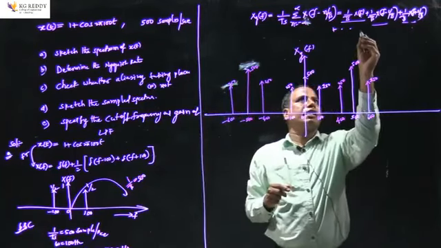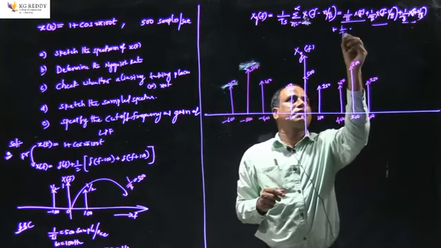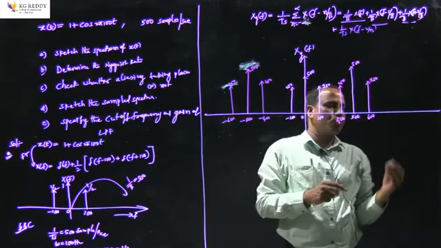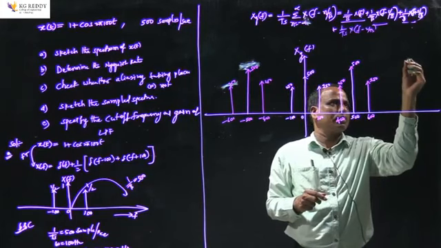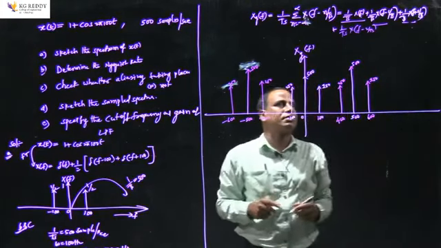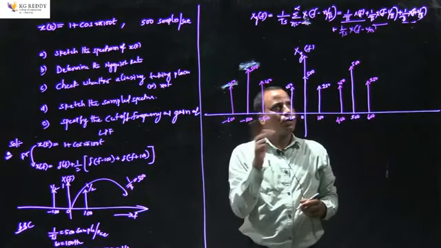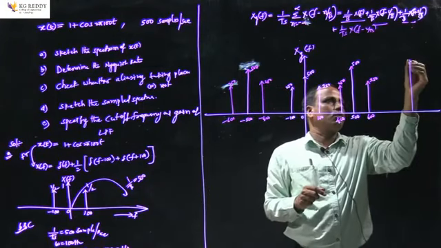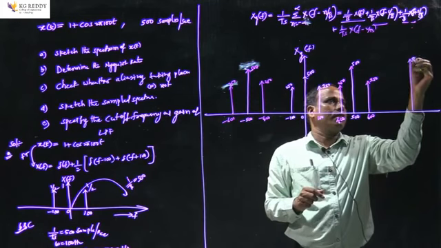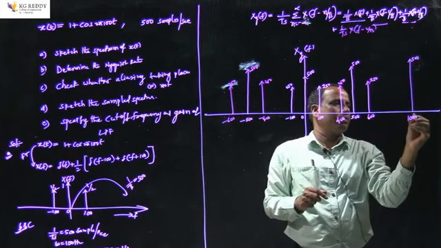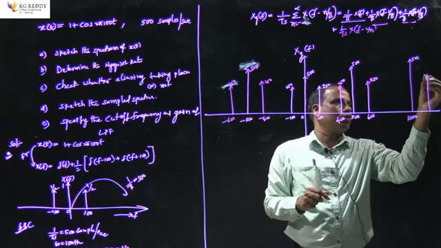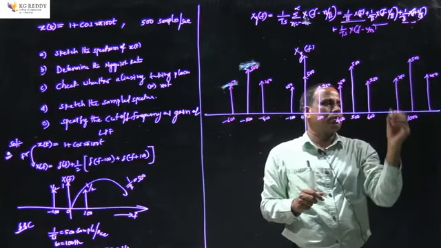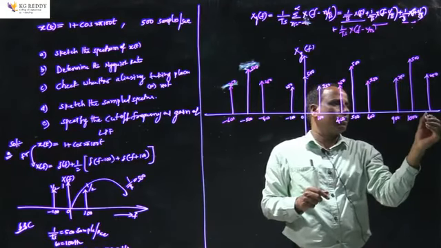The next term is 1 by Ts x of f minus 2 by Ts. 1 by Ts is 500, so 2 into 500 becomes 1000. So the origin is now at 1000. It looks like this: this is 500, 1000, and this will be 250, and this will be 250. This is at 900, this is at 1100.